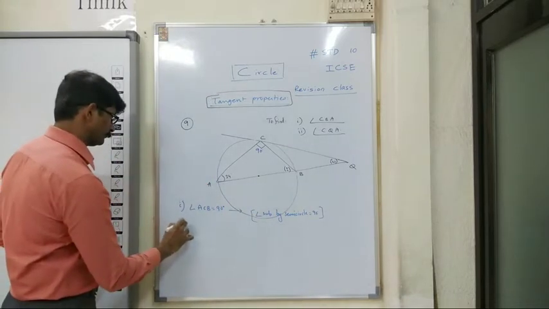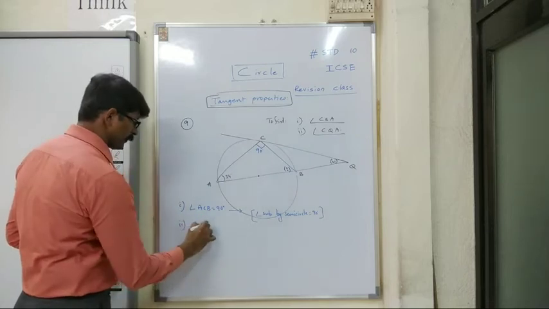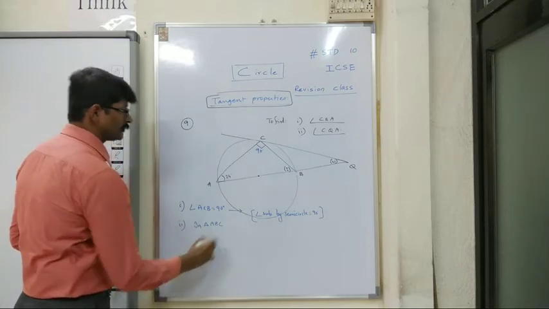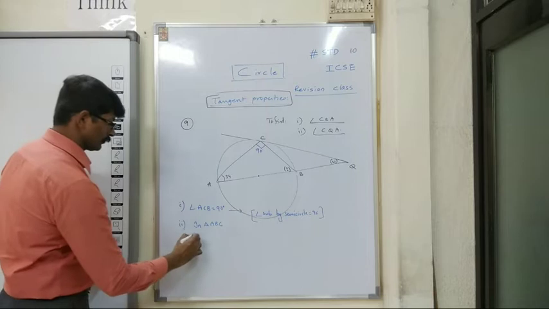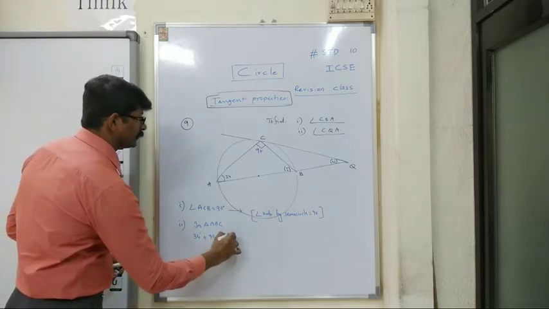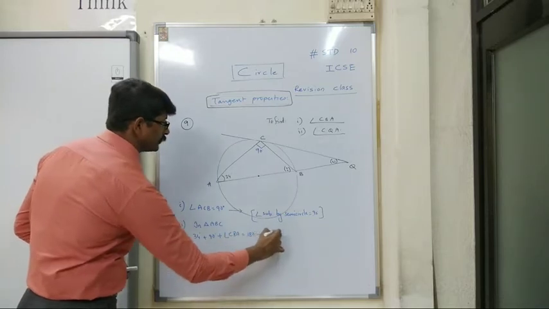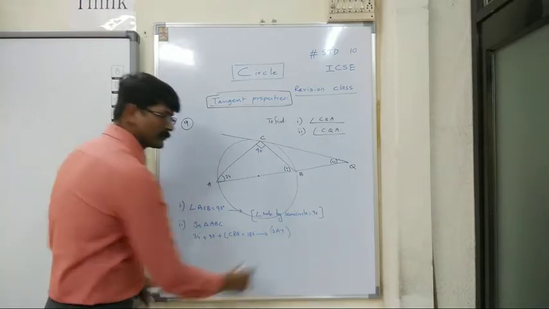Now in triangle ABC, 34 degree plus 90 degree plus angle CBA is equal to 180 degree. Why? SAT property. What is the SAT property?